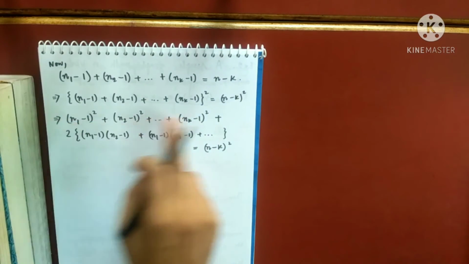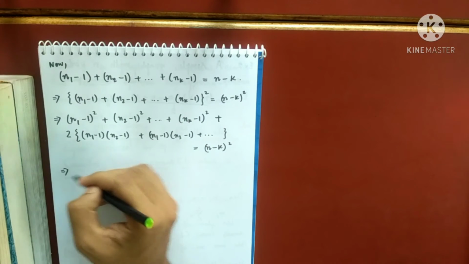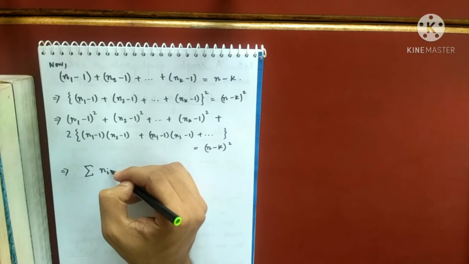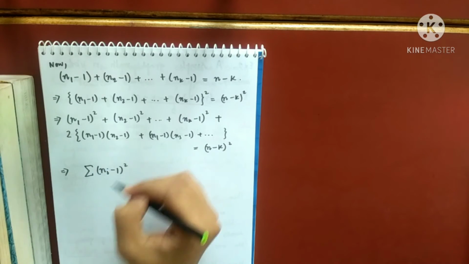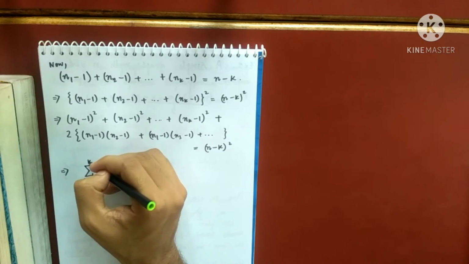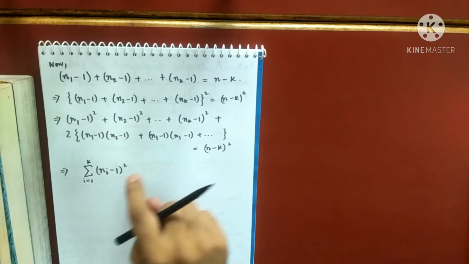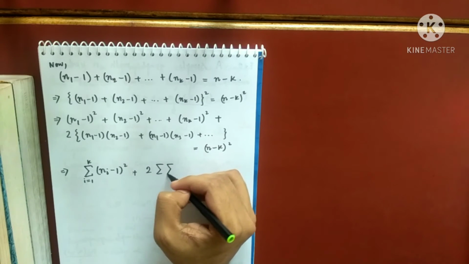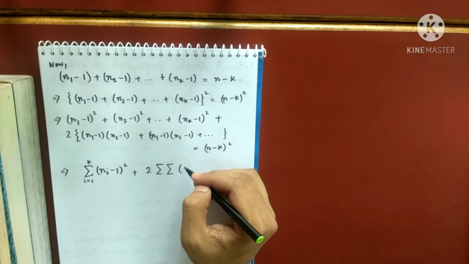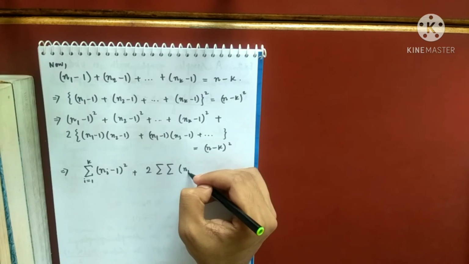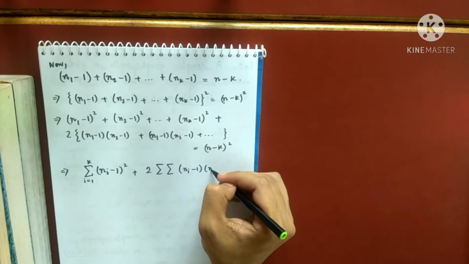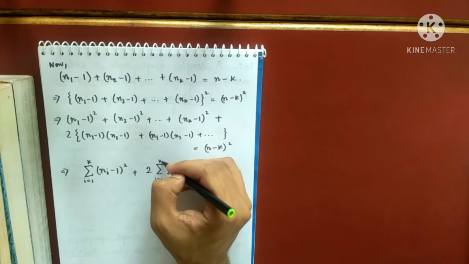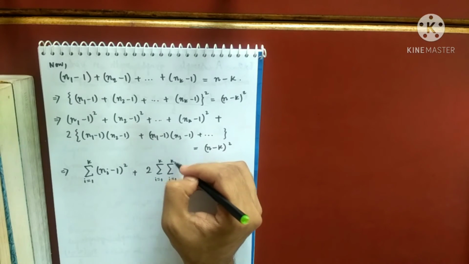This can be written in a more formal manner. Summation (ni minus 1) whole square, i running from 1 up to k. From here to here I can write in this manner, and this can be written as 2 summation (ni minus 1)(nj minus 1), i running from 1 up to k, j running from 1 up to k.